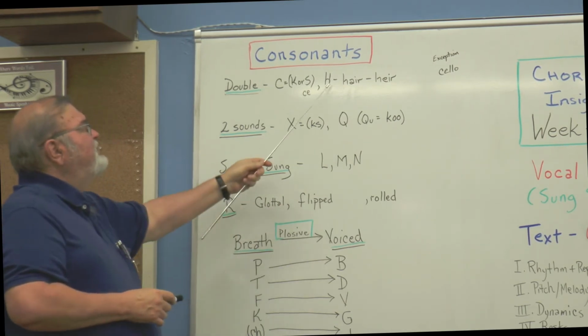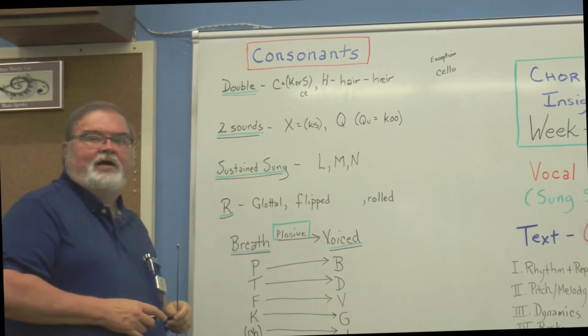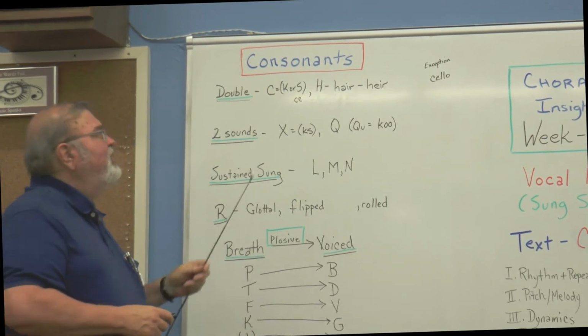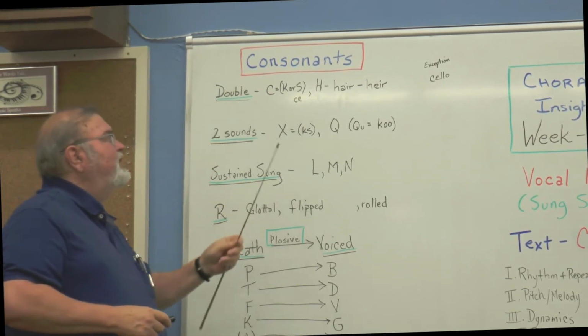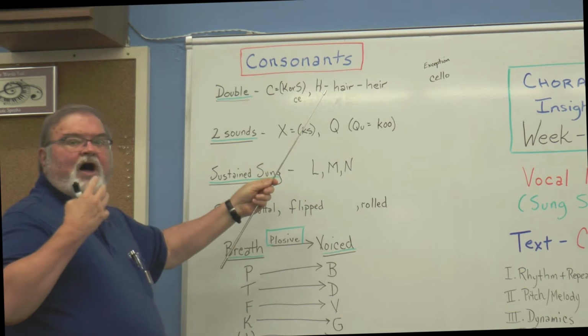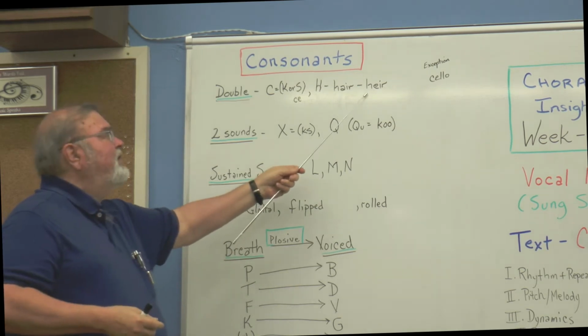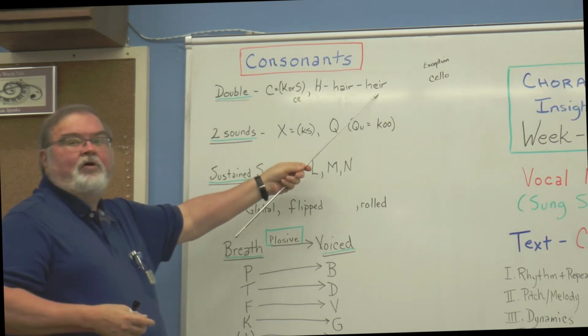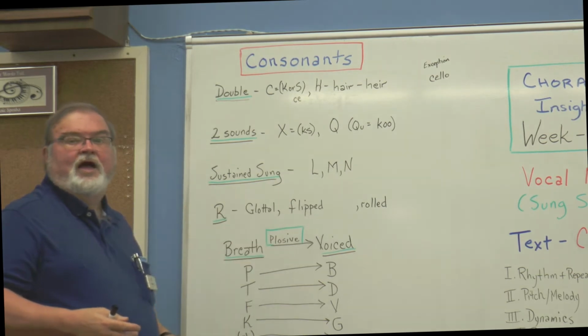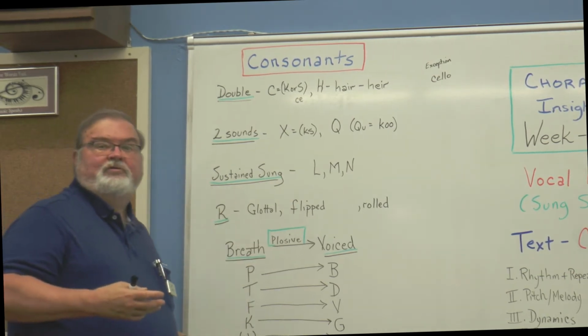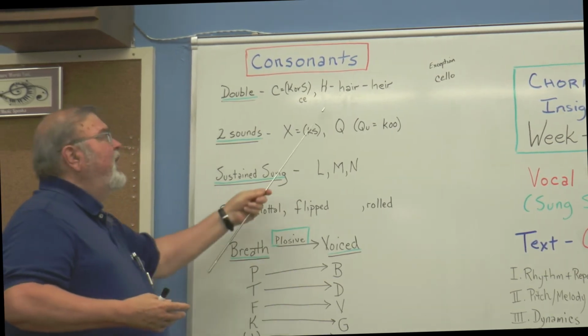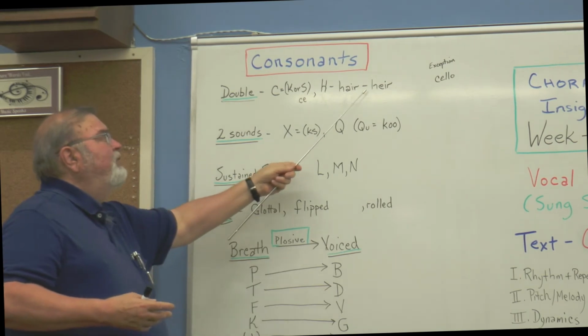I'm sorry, I forgot to talk about H. H is one of those double sounds because it can either have the breath, or it can be silent, like the word H-E-I-R, heir, or heirloom. No sound, or honest. So it can either have breath or it can be silent.